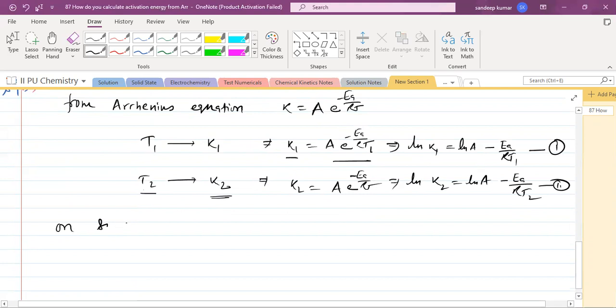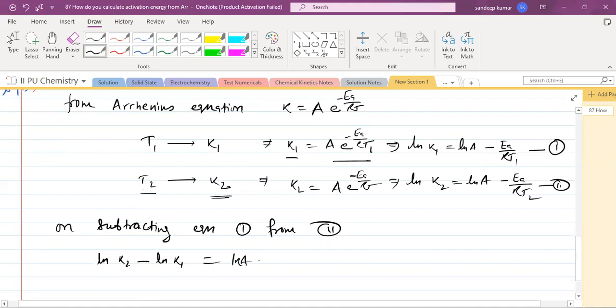On subtracting equation 1 from 2, you can write on the LHS ln K2 minus ln K1 is equal to ln A minus EA upon RT2 minus, in bracket, ln A minus EA by RT1.